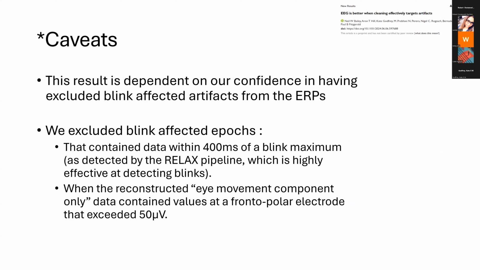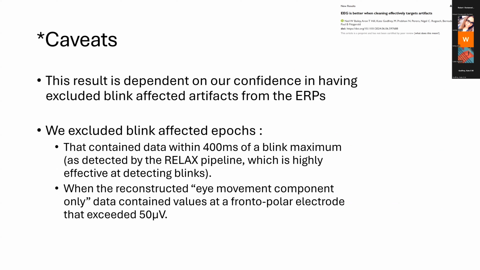Just a couple of caveats, I guess, to this result. It's dependent on our confidence in having excluded blink artifacts from the ERPs. And so this is a point that Arnaud raised actually in our discussion prior to the symposium.